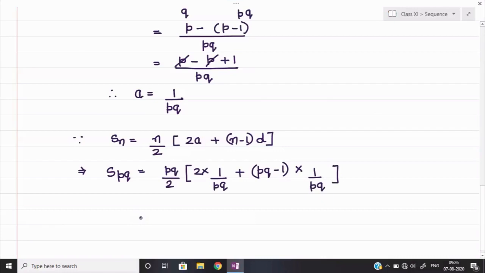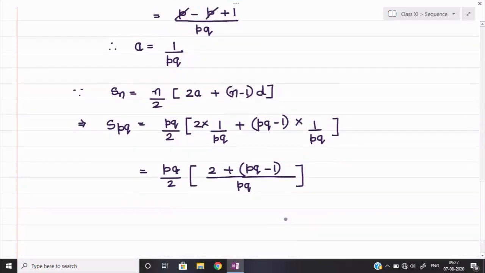Now let us simplify further. So this will be pq upon 2 as it is, into the bracket, pq I am taking as the LCM. So here in the numerator it will come 2 and here it will come pq minus 1, because the denominators are the same and the same denominator only I have taken as the LCM. So therefore we can say that the numerator will come as it is. Now pq upon 2 will be as it is for some time, and here 2 and minus 1 we can add, it will become plus 1.